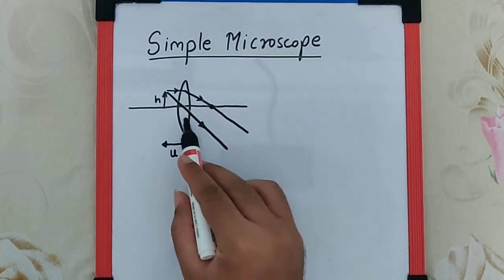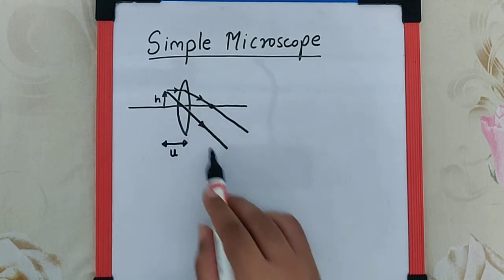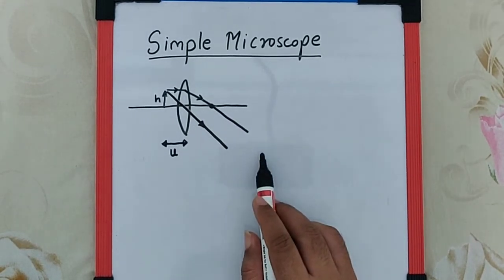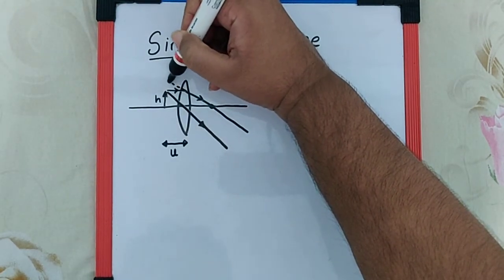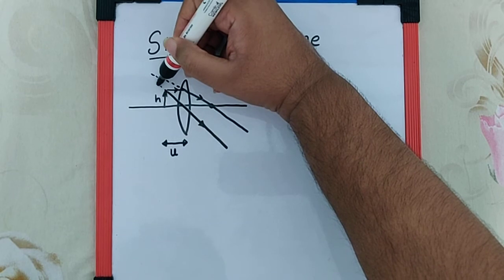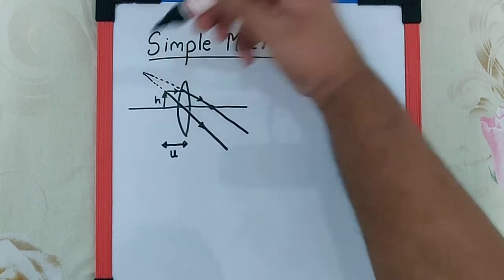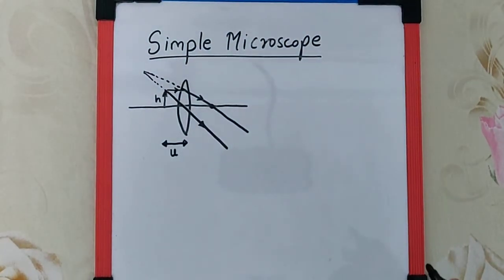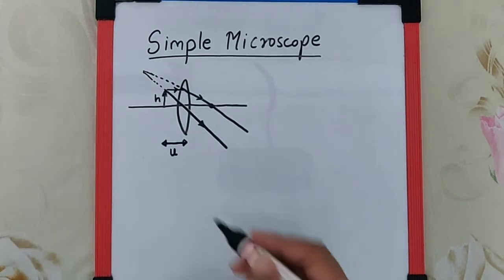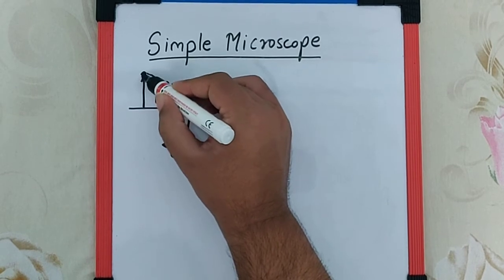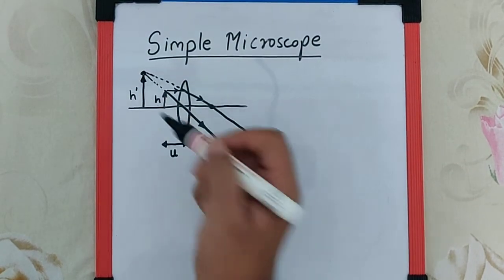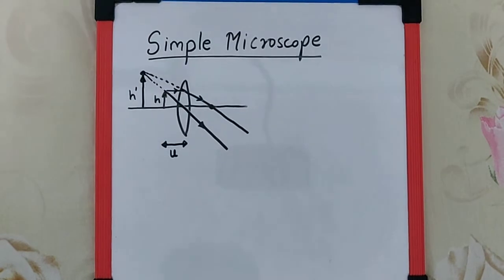Now if you check carefully, both these rays are going away, which means they are never actually going to meet, which means we need to extend those rays backward, something like this, to make them align at one point virtually. This can be called the virtual erect magnified image of the object of height h, becoming height h dash.